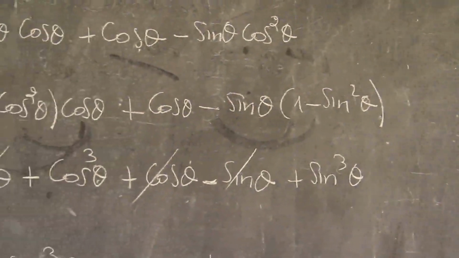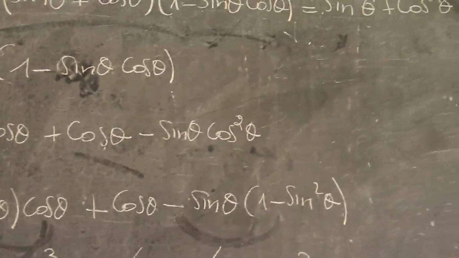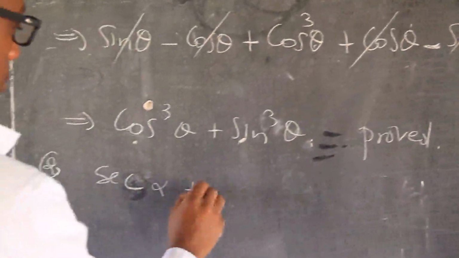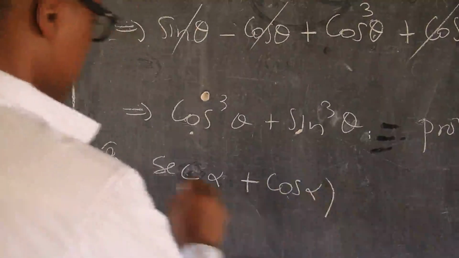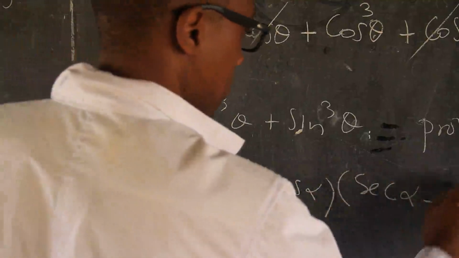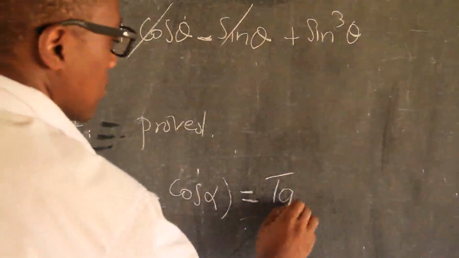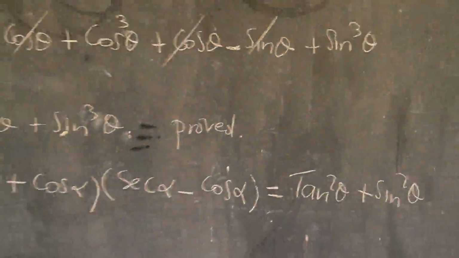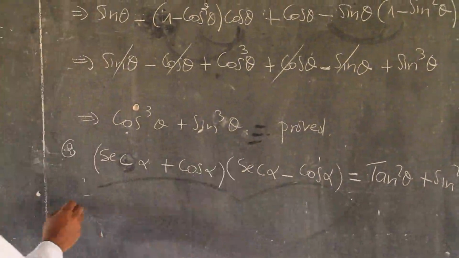This was example 1, now example 2. Here they said that, let's say, sec of alpha plus cos of alpha times sec of alpha minus cos of alpha is equal to tan squared plus sine squared. Now, also I'm going to begin with this to see whether I can reach there.